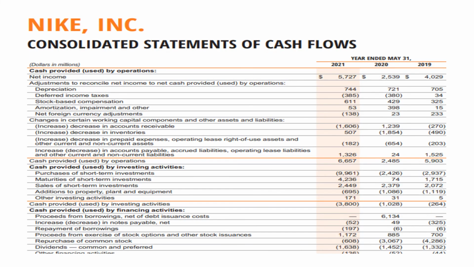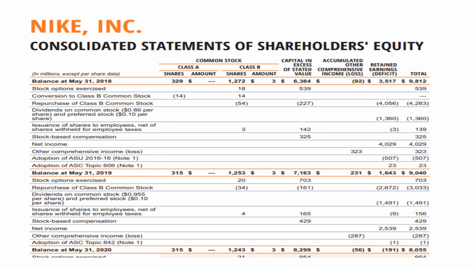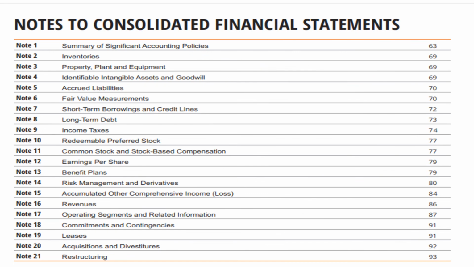We now have an extract of the consolidated statement of cash flows for Nike Inc. We also have the consolidated statement of shareholders' equity, which shows the changes in equity over the financial period. Finally, we have the notes to the consolidated financial statements of Nike. The notes will form an integral part of Nike's annual report.